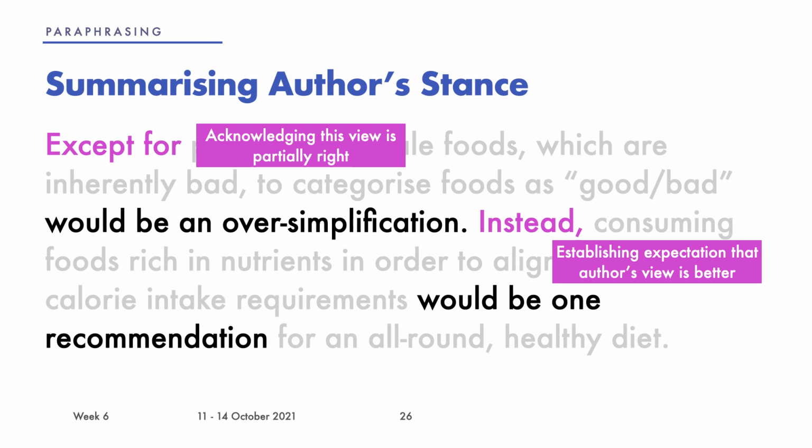That means consuming foods that are rich in nutrients is actually a better idea rather than simply considering foods as good or bad. Okay, so this is how you're going to summarize the author's stance. But don't forget to add the citation back in to the summary.